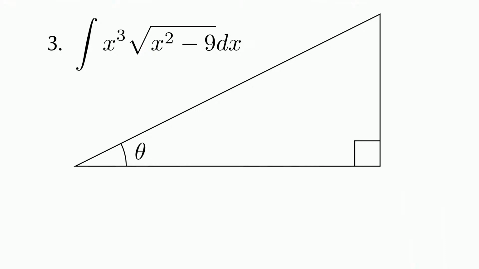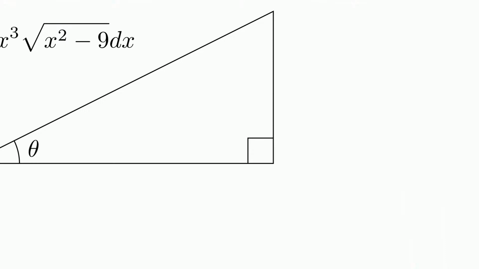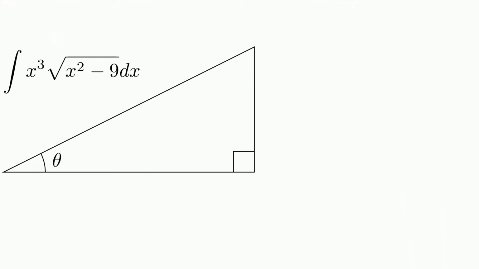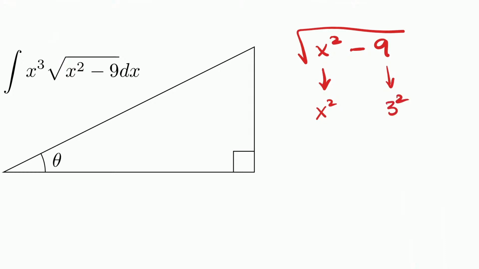So whenever you have a minus, once again, I'm thinking maybe I can use trig substitution. The first thing I think is, how does this fit the Pythagorean theorem? It's that radical that's the most important. This is x squared, of course, and this is 3 squared. So I'm going to have an x somewhere and a 3 somewhere.